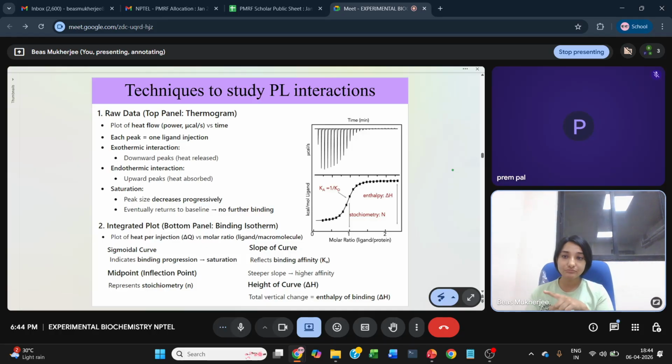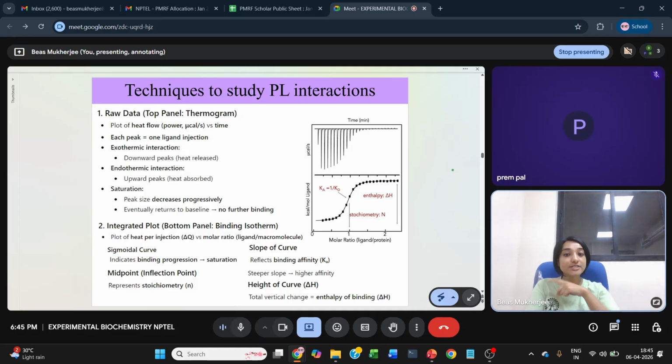The plot of these two will tell you what? If it's a sigmoidal or S-shaped curve, that tells you that the binding increases progressively and ultimately undergoes saturation. The midpoint tells you about the stoichiometry. So if it is 1:1, then the stoichiometry is 1. And the slope of the curve reflects the binding affinity.